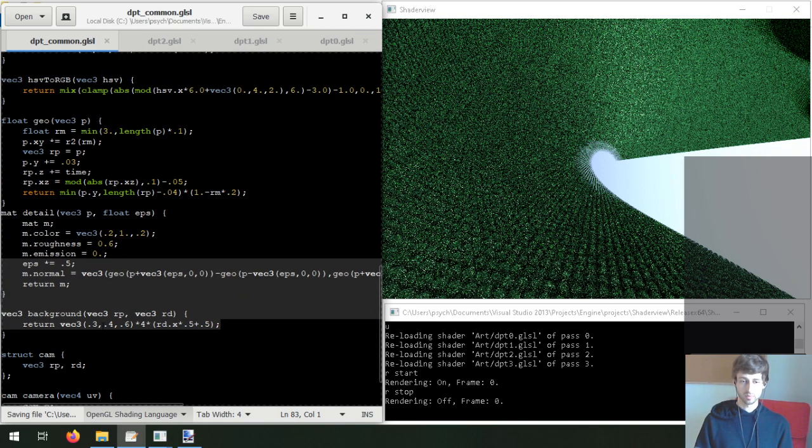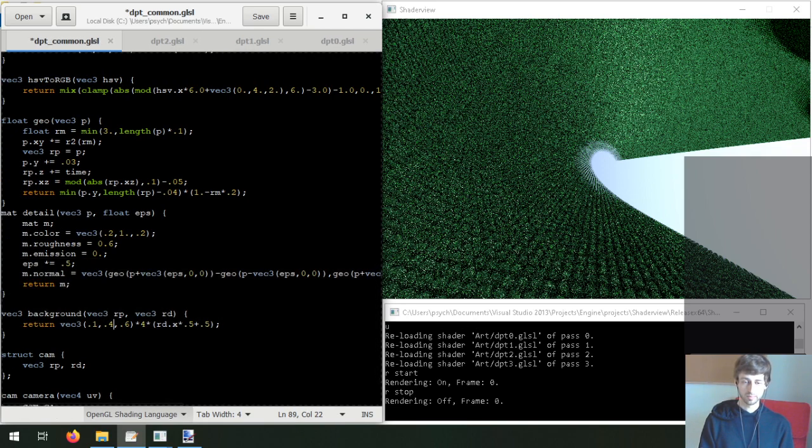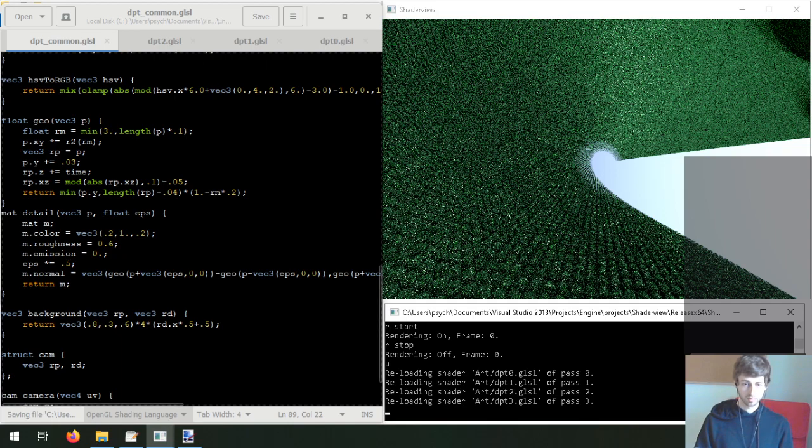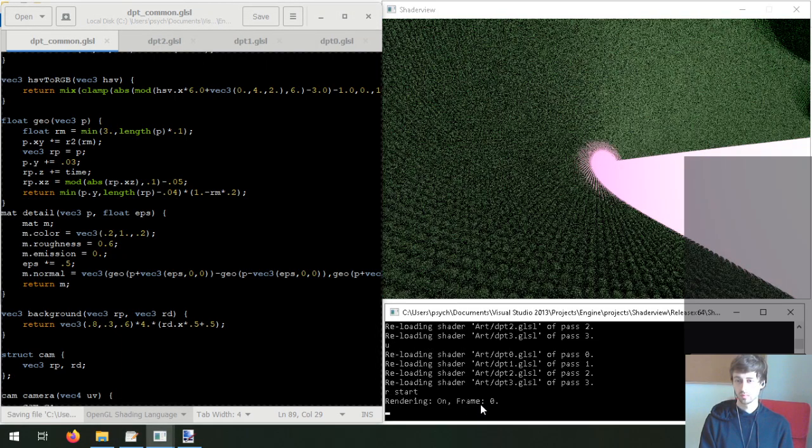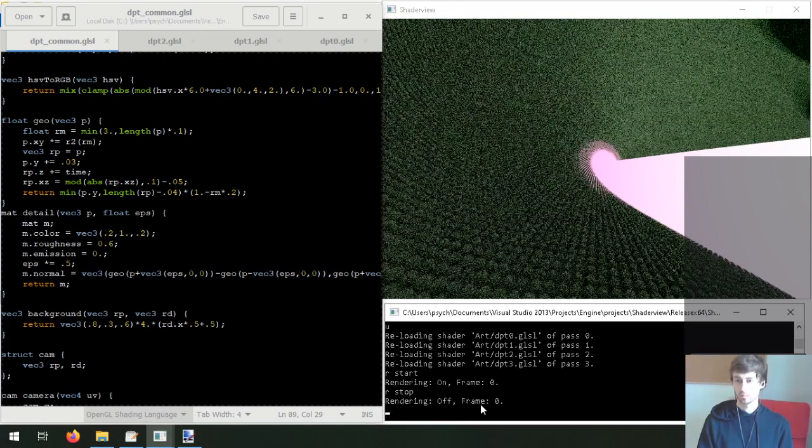I think of anything, I'm just going to make the background brighter. I'm still not quite sure on colors and things for this.